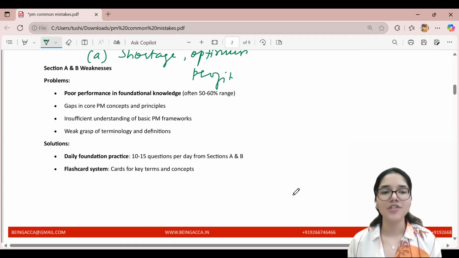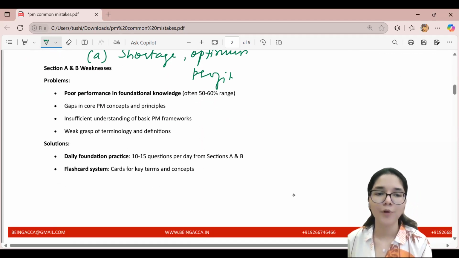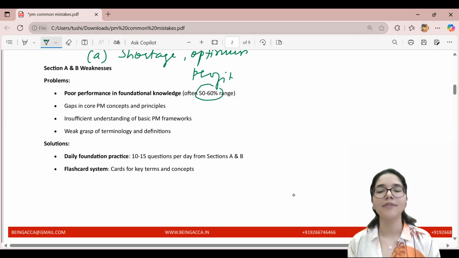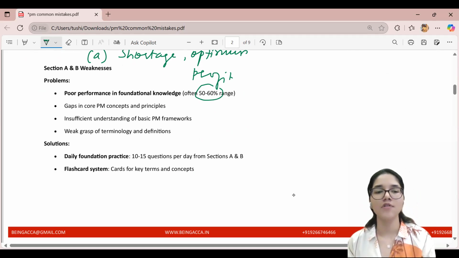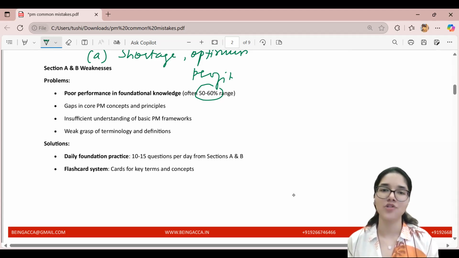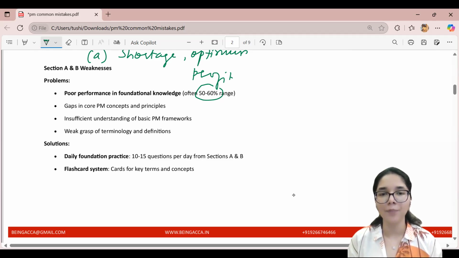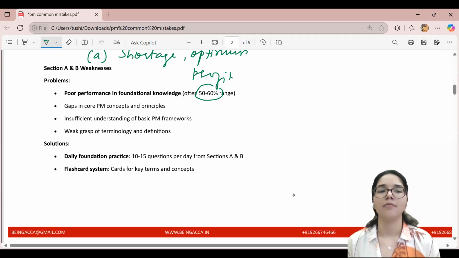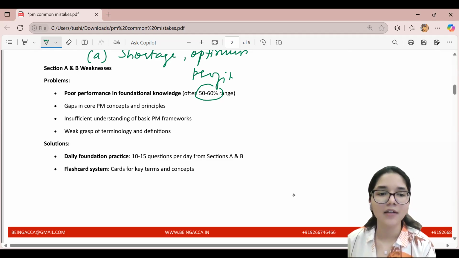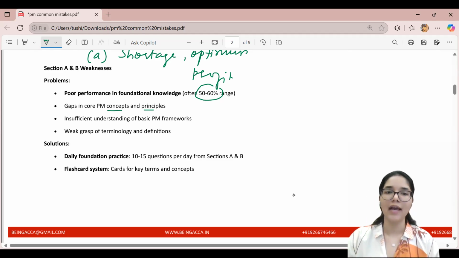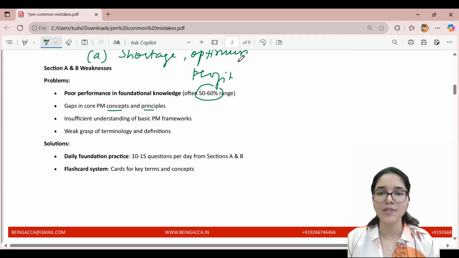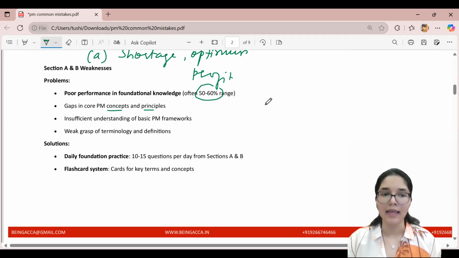Then talking about section A and B weaknesses, problems that a few students were facing. Firstly, if your score lies between the 50 to 60% range of section A and B, that means you do not have foundational knowledge, because section A and B of your paper get tested from any portion of the syllabus. So here, probably there are gaps in the core concepts and principles of what we have learned as a part of the PM syllabus. Whatever mocks you have practiced, identify the weak areas.